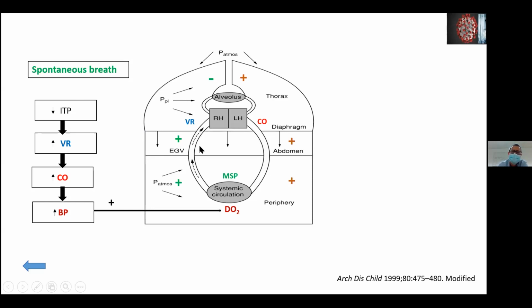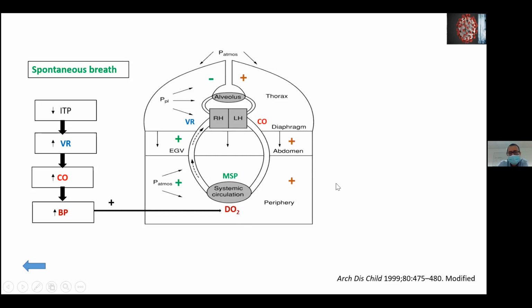Then there is a gradient. Remember that in physiology blood flows across a pressure gradient. With higher pressure in the abdomen and lower pressure in the chest, the venous return increases, and so the cardiac output increases, and the oxygen delivery to the tissue increases.